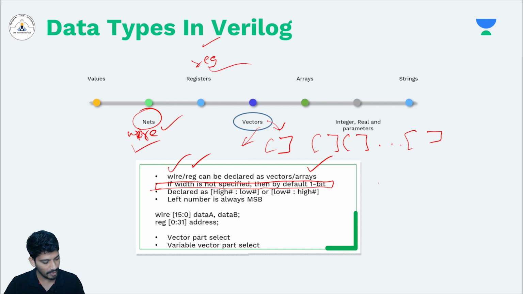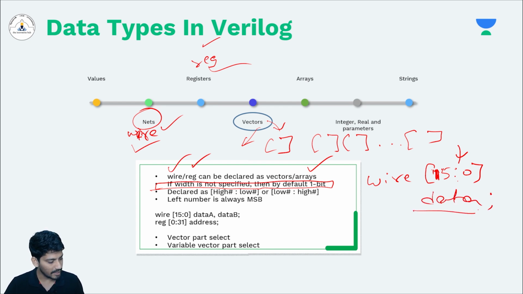If you want to specify width, like wire 15 down to 0, I am calling this operator 'down to' because it is easy to remember that you are going from 15 down to 0. So what I am defining here is that data is a vector of length 16 bits. If you don't define the size, then the data is a single-bit wire.